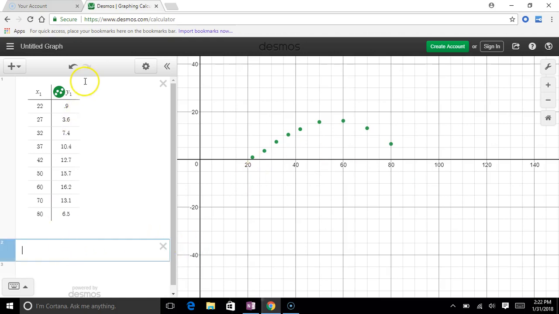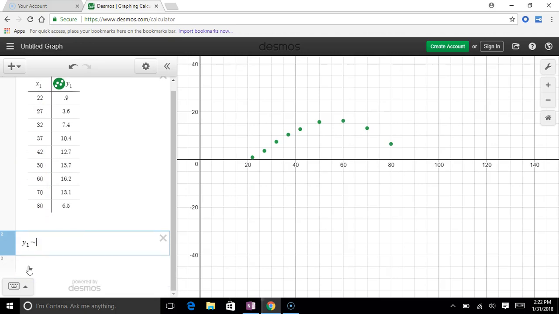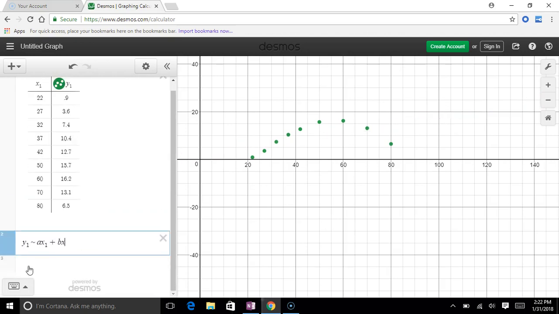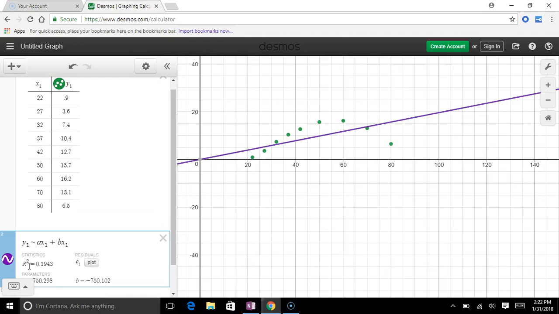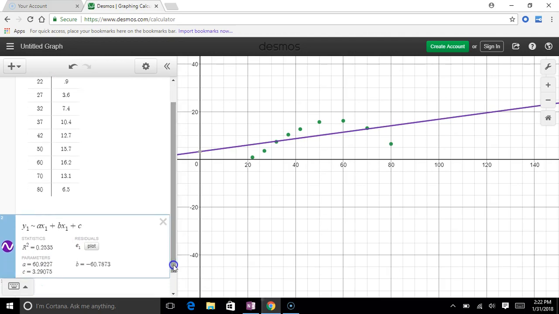So if you look up here, you see how this is your y1 data and your x1 data. You've got to name this y1, and you've got to use your little squiggly there, approximately, a x1 squared plus b x1 plus c. You put it in standard form, using your x1 data.